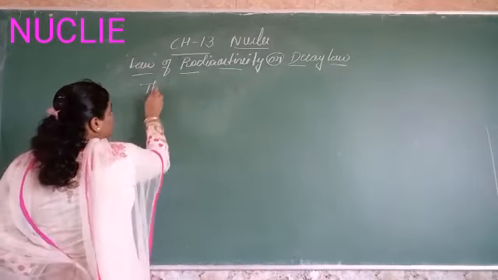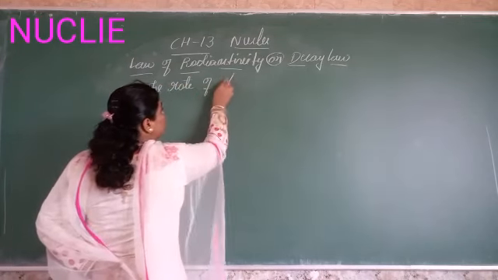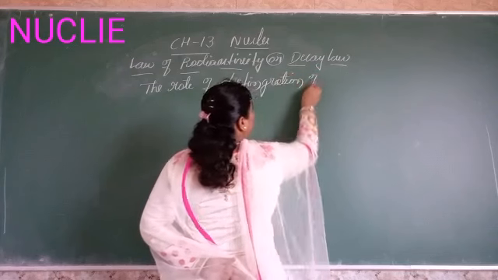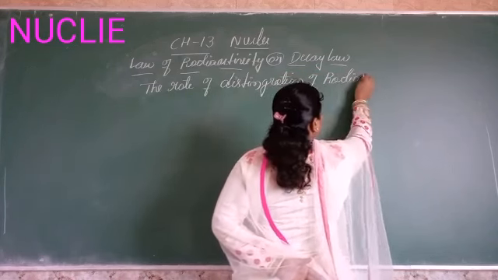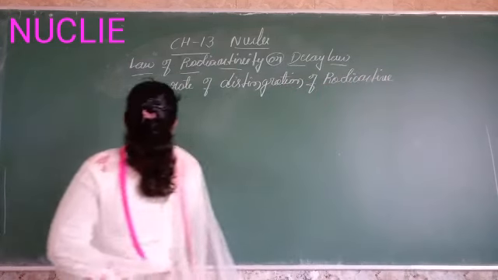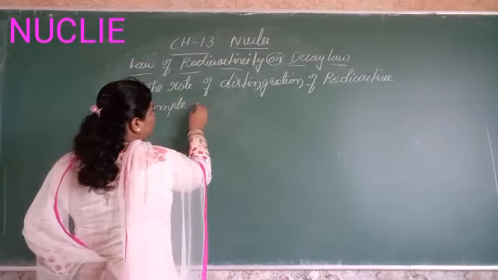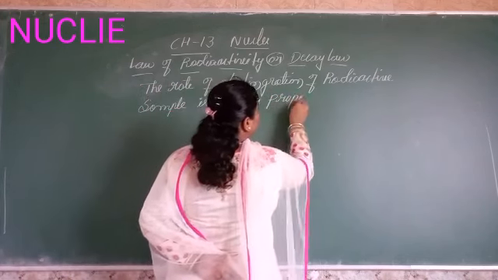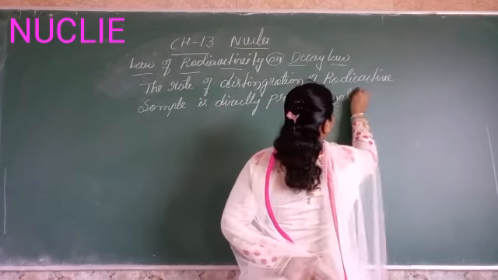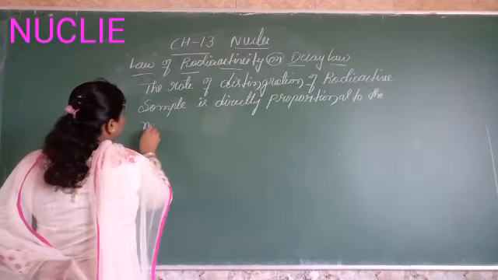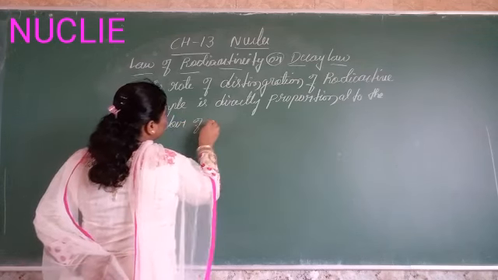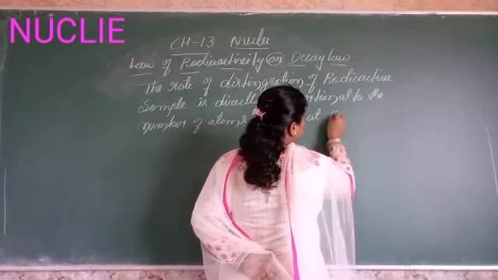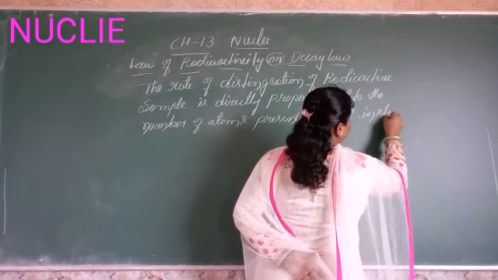See, this law states that the rate of disintegration of the radioactive sample is directly proportional to the number of atoms present at that instant of time.